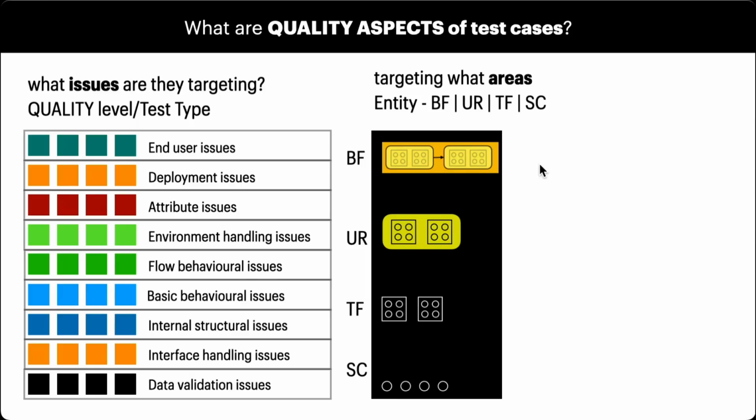Are you looking at finding issues where? Is this scenario, or case, focused on finding an interesting problem or a potential issue in the larger business flow? Or is it looking for some issue in the building block? That's what I mean by saying targeting what area.